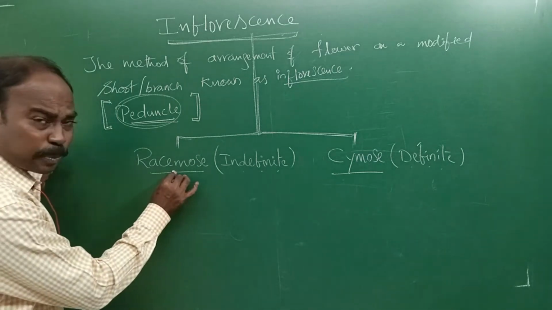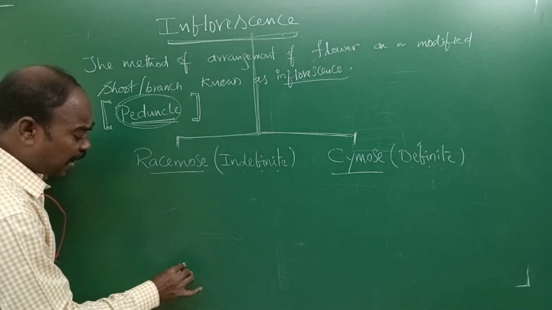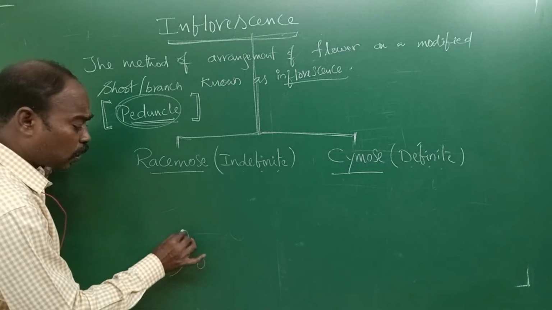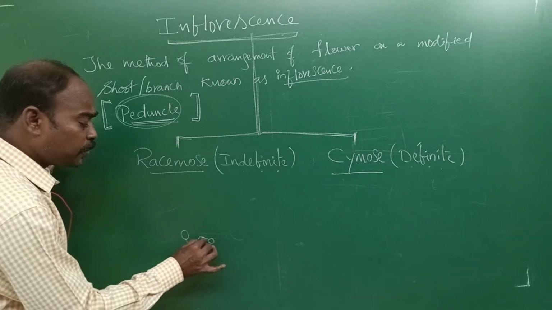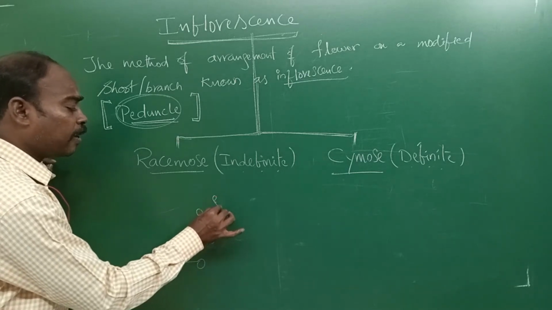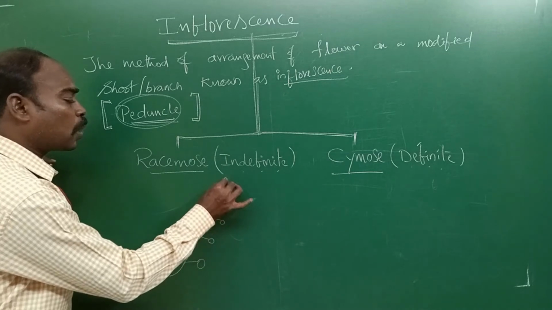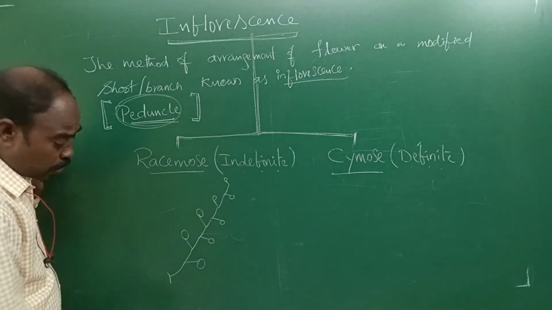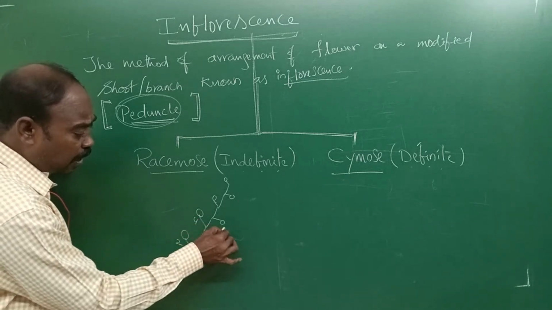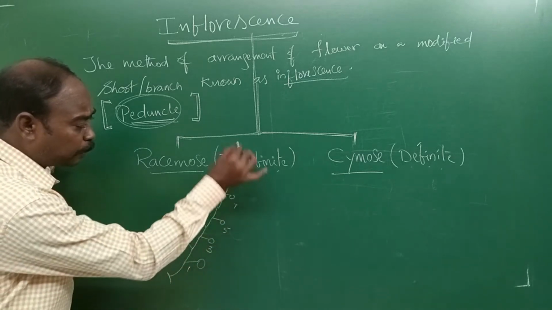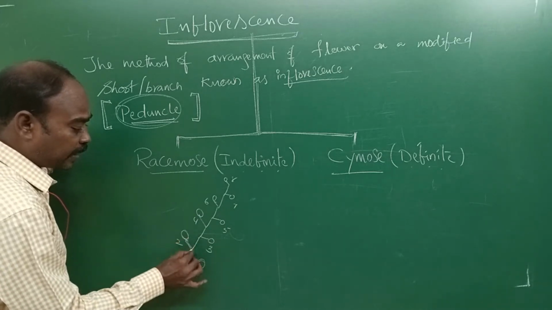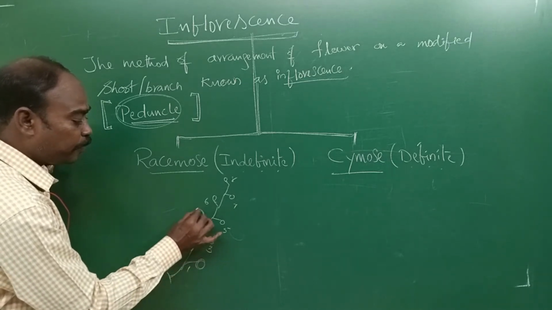In the racemose type, the inflorescence axis grows and produces flowers and again continues its growth. By producing flowers, the peduncle grows continuously from base to apex. Means the first flowers are formed at the base, and the last flowers are formed at the tips. Such growth is seen in racemose type.